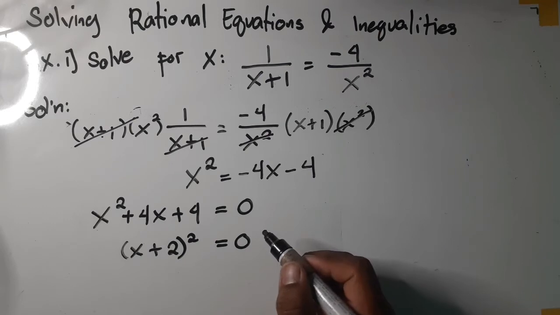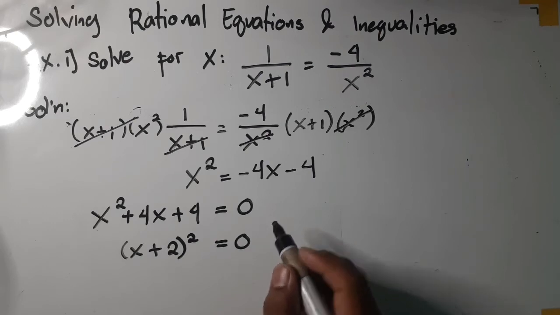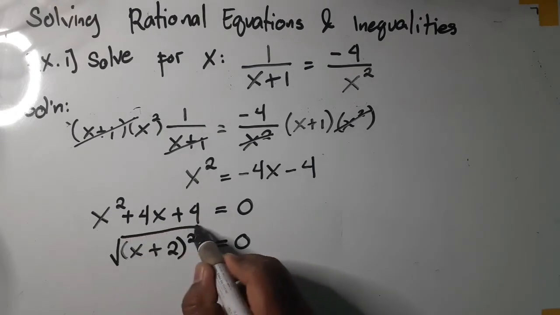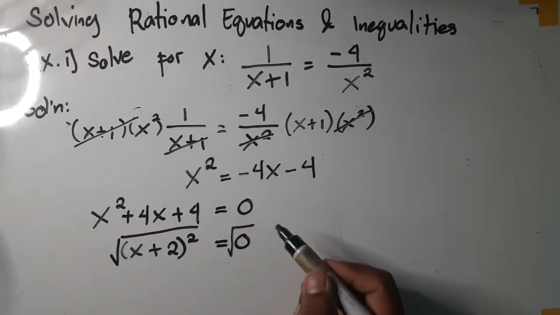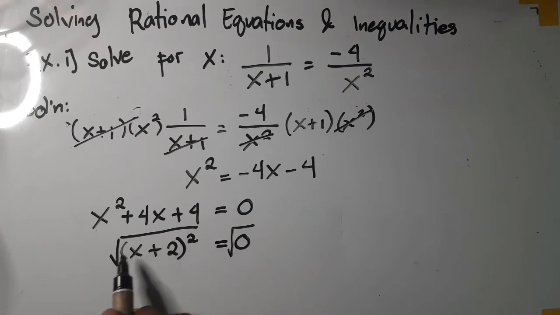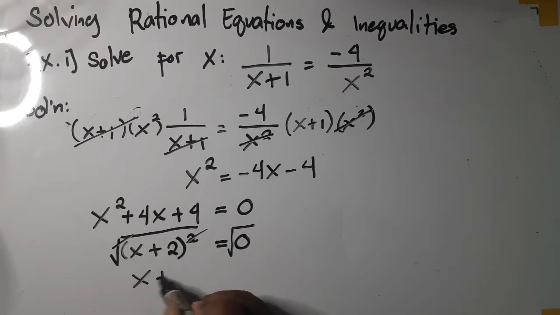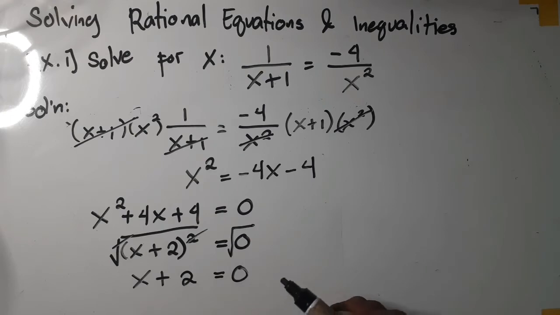Since this is a square form, you can use the square root method. So the square root of a squared number is equal to the number. So the square root of the square of x plus 2 is just x plus 2. The square root of 0 is always 0. And x equals, this time, negative 2.